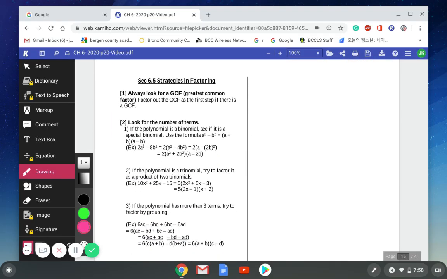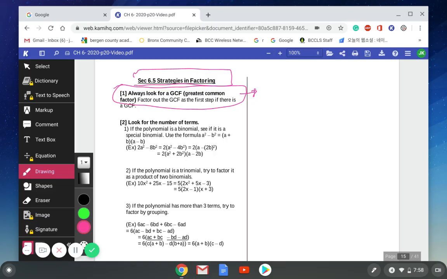Now we learn on this chapter. Let's summarize what we learned so far, especially the factoring of trinomials, I mean quadratic expressions. Okay. So the strategy in factoring is you always look for GCF first. So if there is a greatest common factor, you always take that one off first. That's what we just learned.